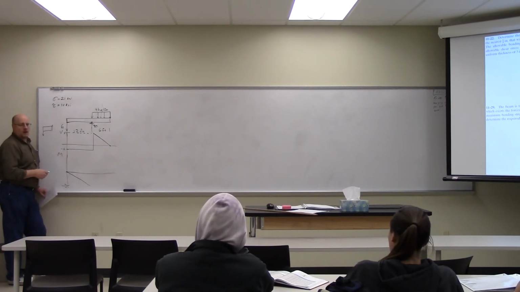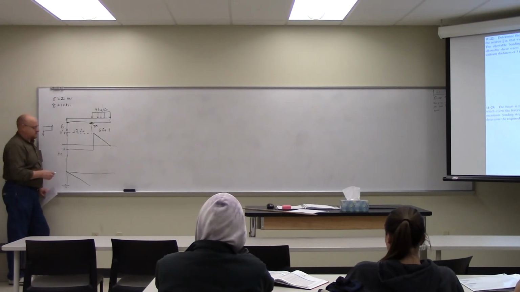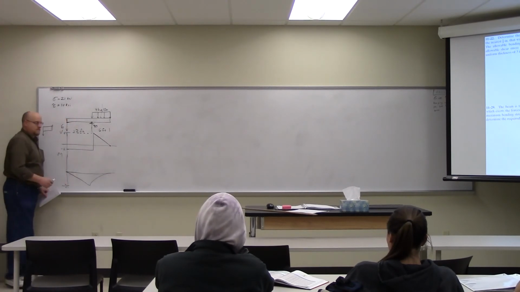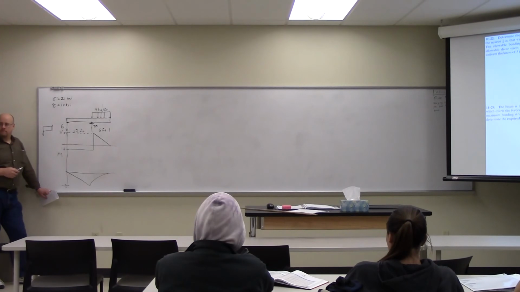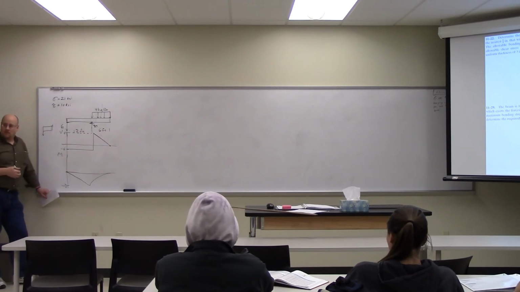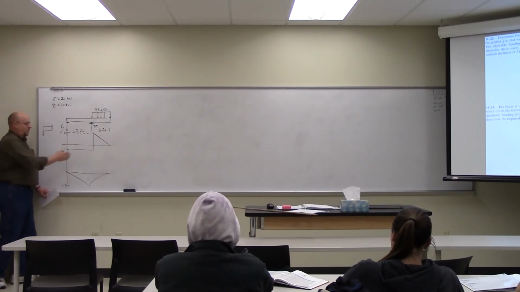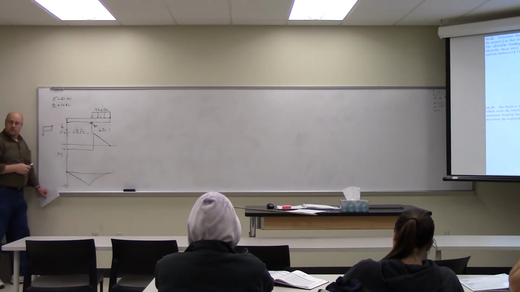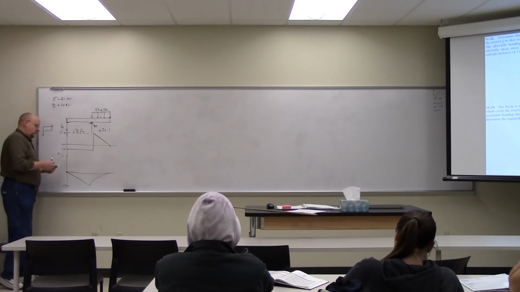Concave up or concave down? Concave up, because V equals the derivative of M, and there's a greater positive slope here than there. Okay, back to 0.